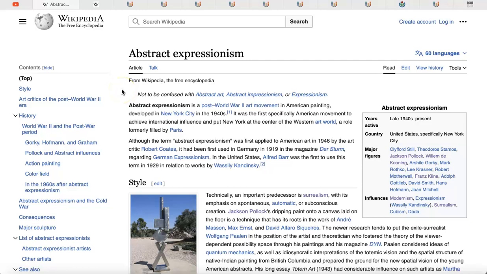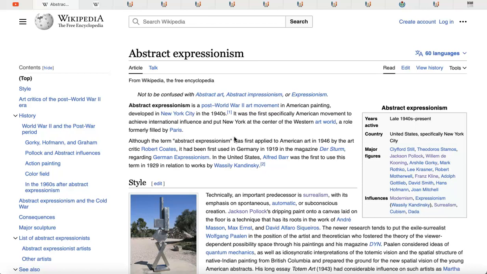Handy dandy, good old trusty, convenient Wikipedia. All right. Abstract expressionism. What does it say? I'm just going to read this first part. The rest you can read later. I'll put it in the description if you're interested. It's an art movement. You probably figured that out by now.